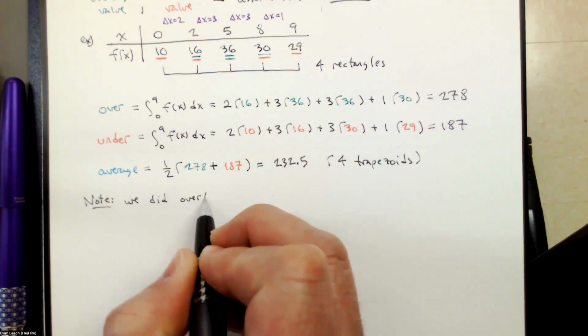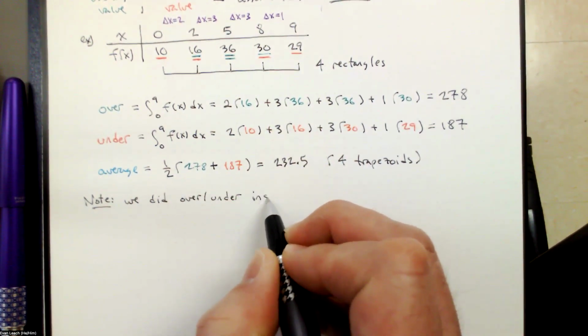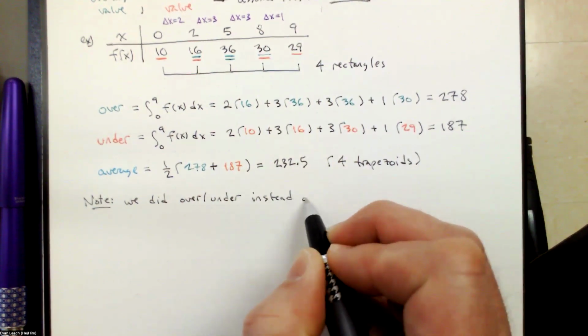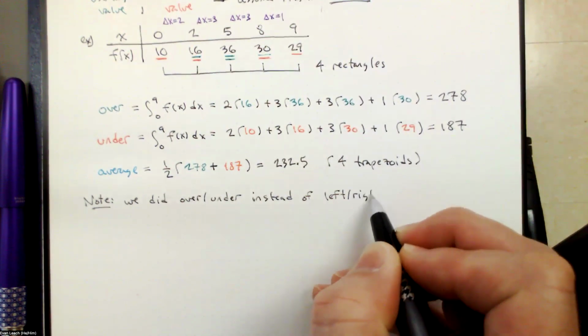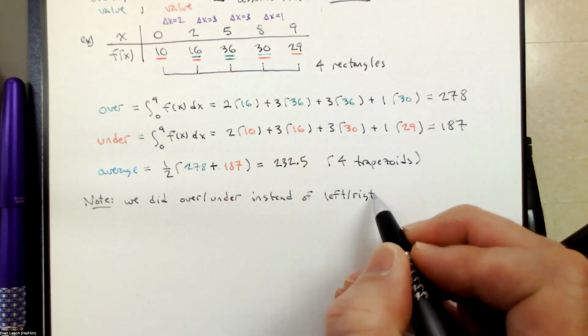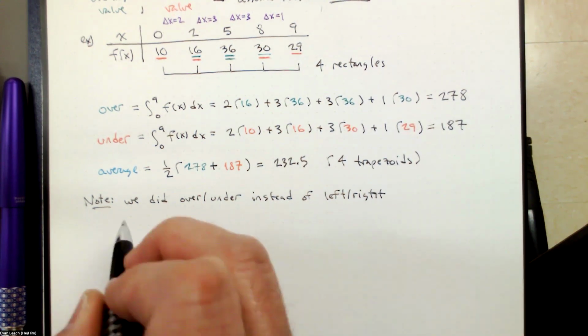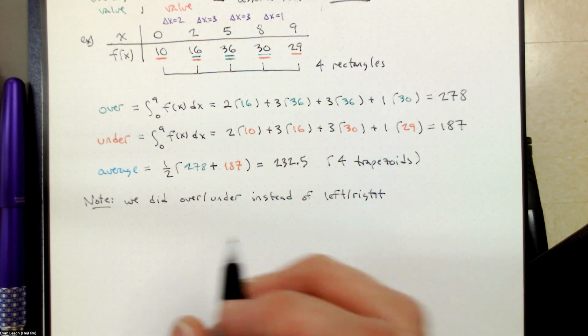So we did over and under instead of left and right, because our function is both increasing and decreasing.